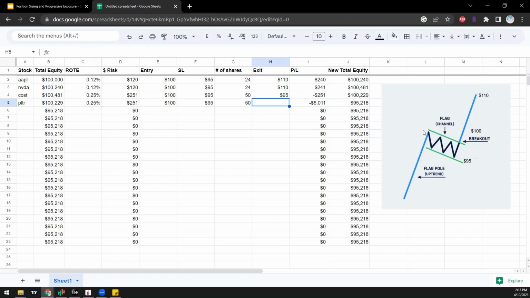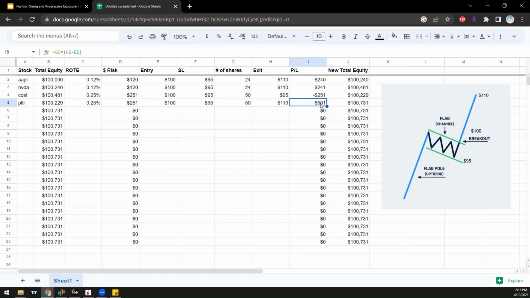And in this case, let's see what happens when it works and when it doesn't work. So first, let's assume it does continue breaking out and it goes up to 110. In that case, we've made a profit of $500 on this trade. So our new equity is now this 100,229 plus the 500, which is 100,731.